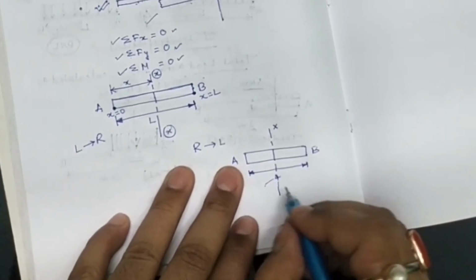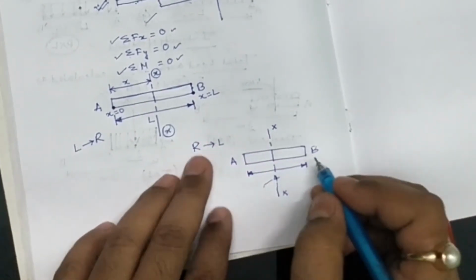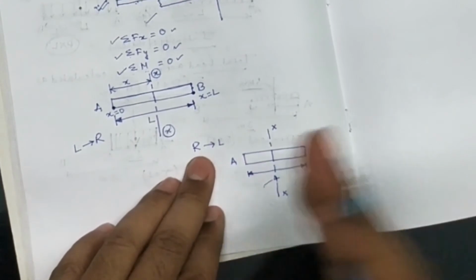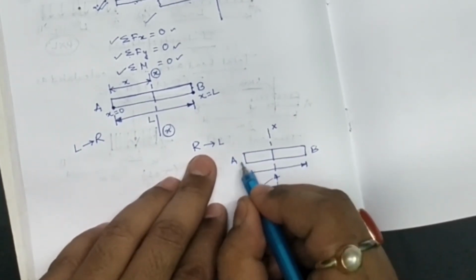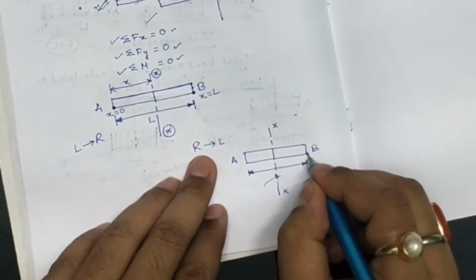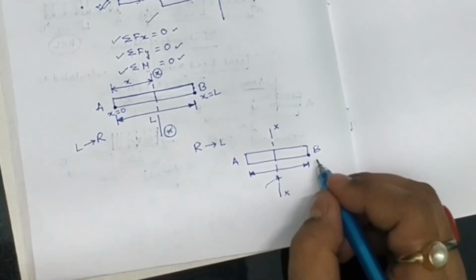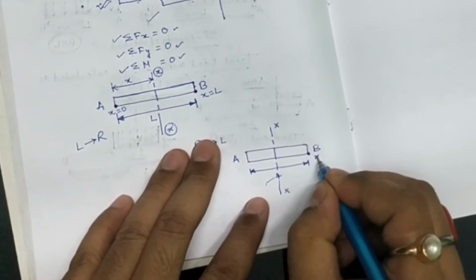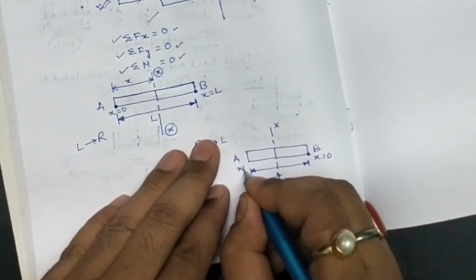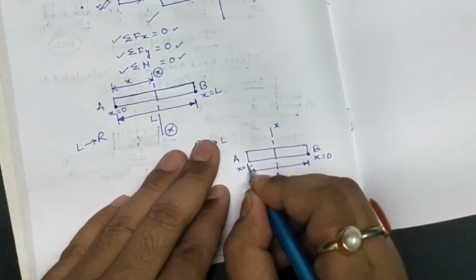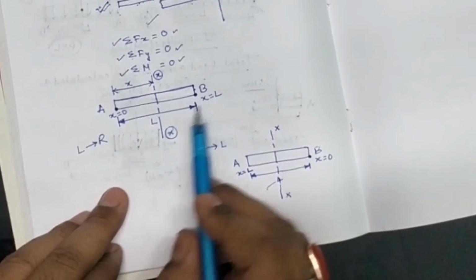Here we have considered the x section, and if we are moving from the right hand side towards the left hand side, then this is the right hand side of the beam, this is the left hand side of the beam. So if the origin point is taken on the right hand side at point B, then here the value of x will be equal to 0, and here the value of x will be equal to L. Just the opposite of what you have seen here.